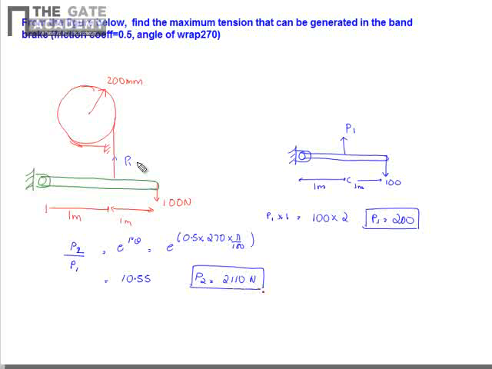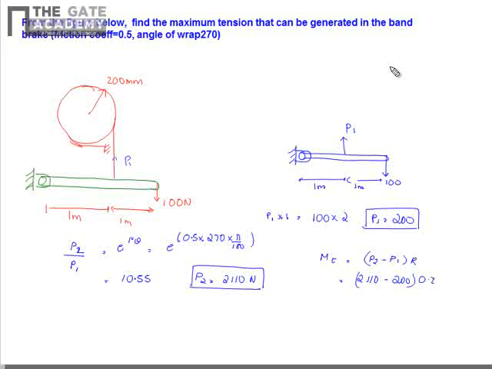Now what is the maximum wheel torque that can be completely braked? The maximum braking torque will be given as the tight side tension minus the slack side tension, into R. So here it will be 2110 minus 200, into 0.2.